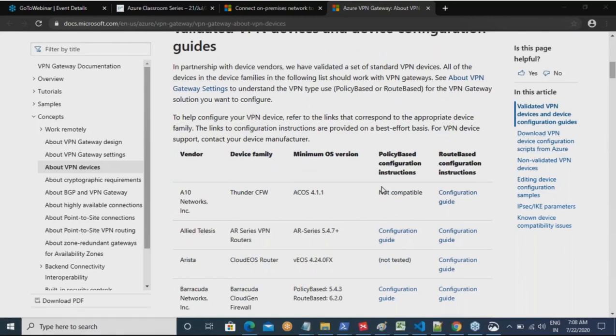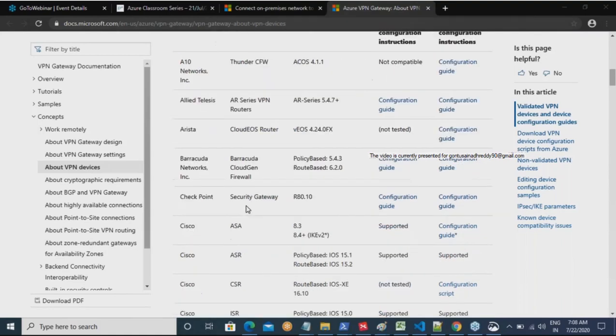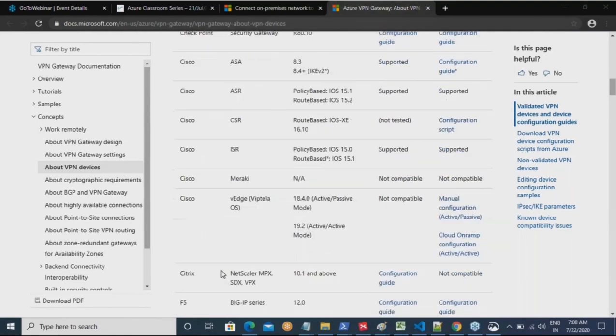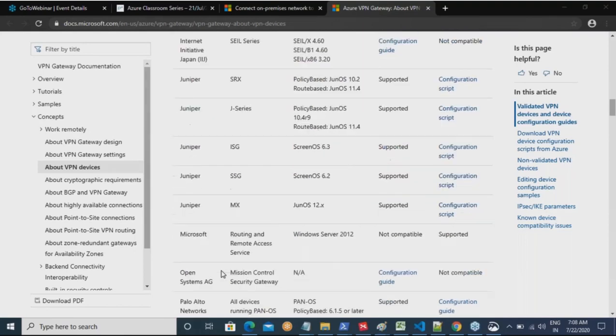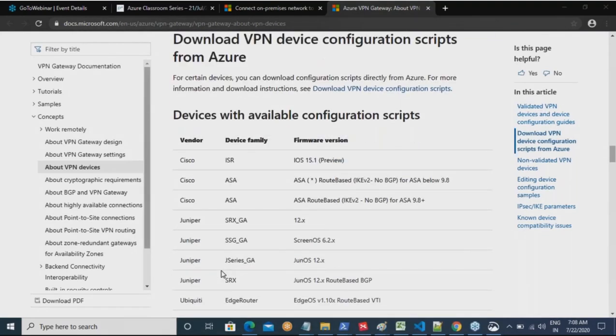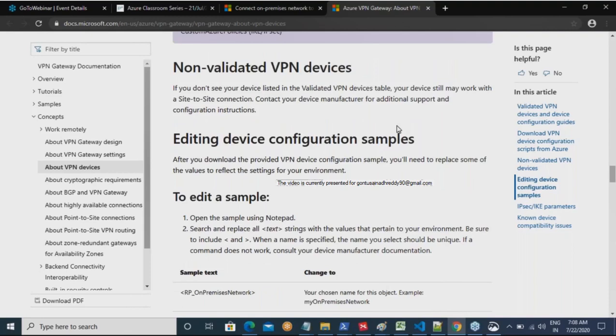They are already tested. If it is not present over here, then it falls under non-validated VPN devices, and you have to validate it.